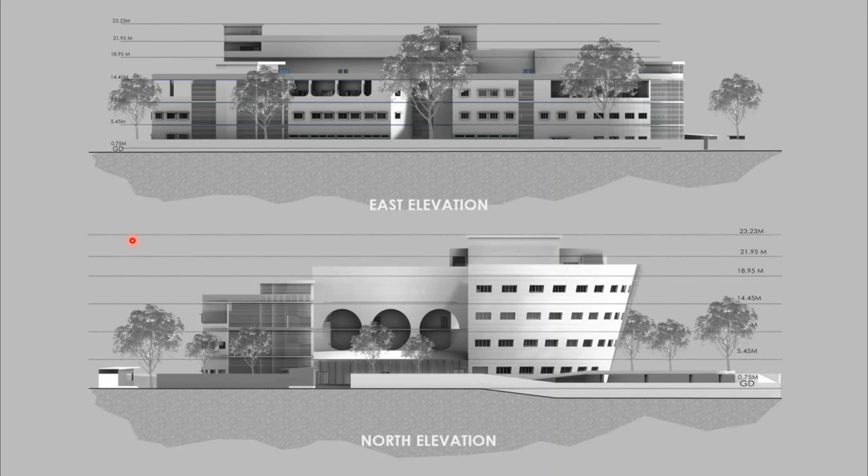On the northern and eastern side, we have all the important spaces and inpatient departments. In order to optimize the use of northern light and eastern light in the morning, there are massive openings on the eastern and northern elevation.